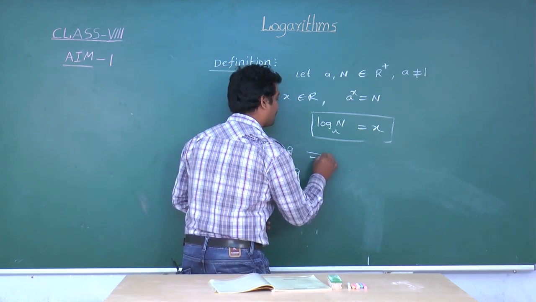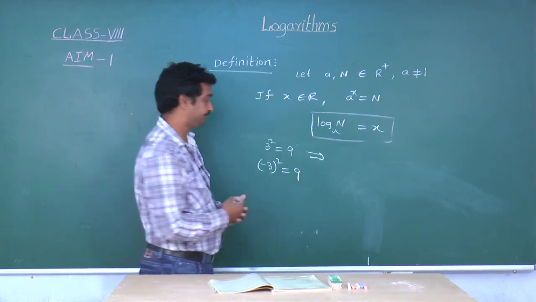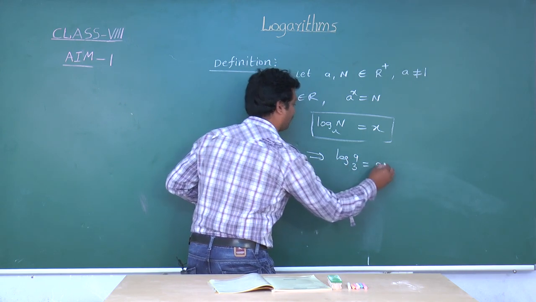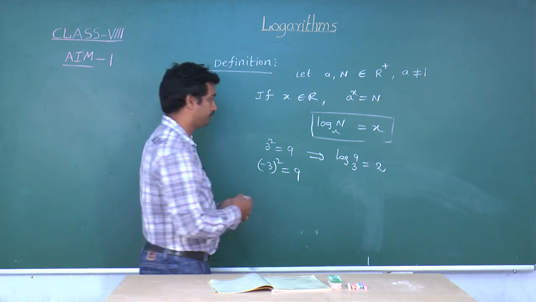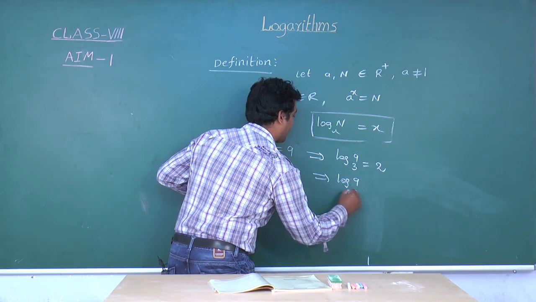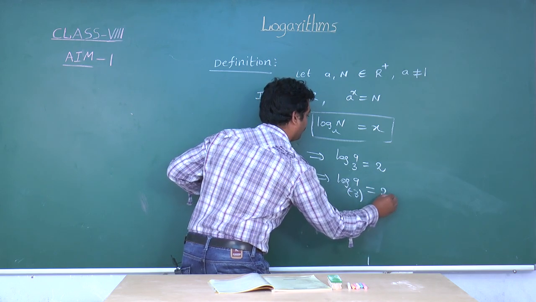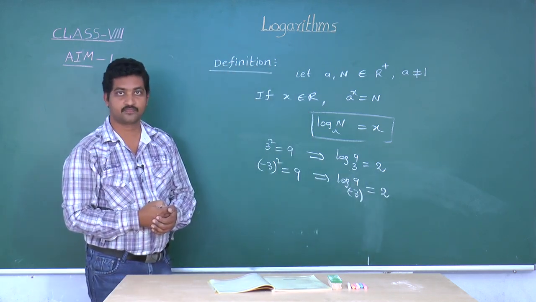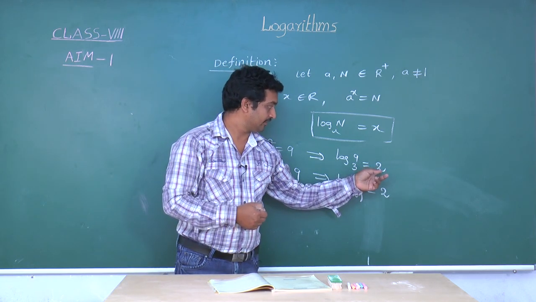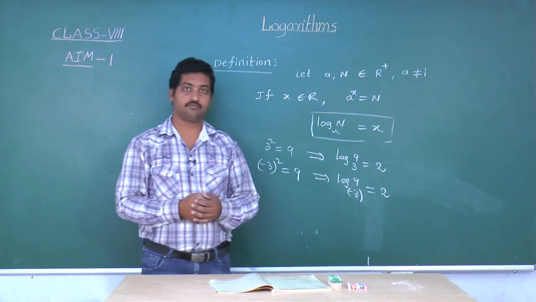Convert this into logarithmic form. Log 9 to the base 3 is equal to 2. Here this is log 9 to the base minus 3 is equal to 2. Here what do you observe? This is 2, this is also 2.